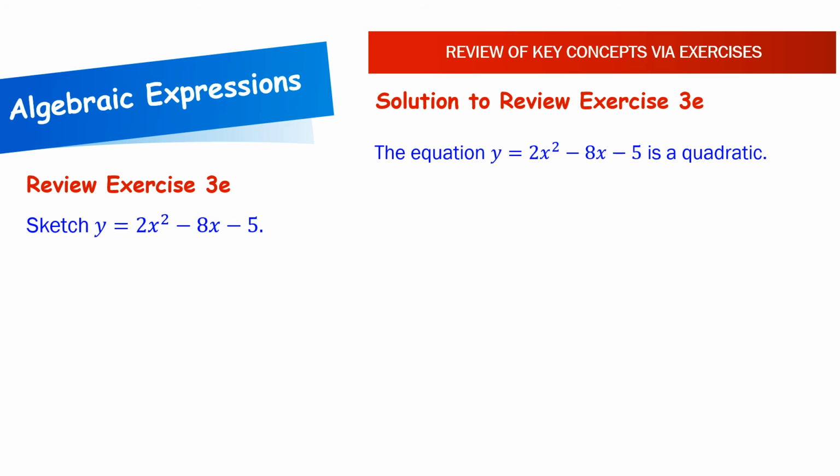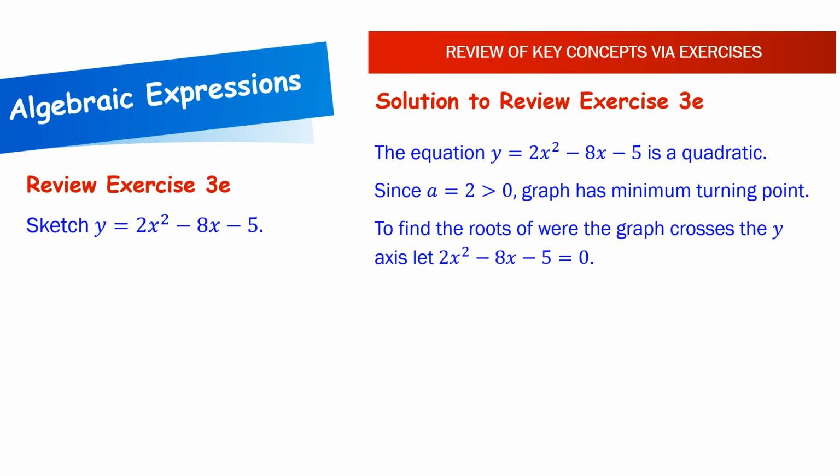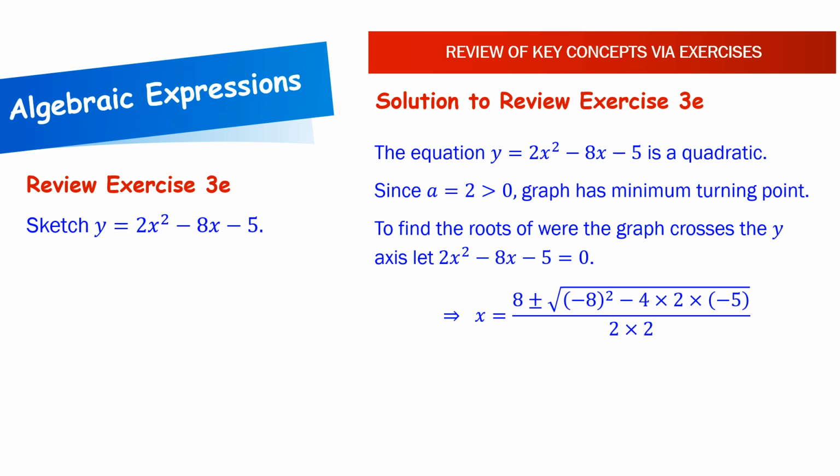The equation y equals 2x squared minus 8x minus 5 is a quadratic again. Now since a is equal to 2 and greater than 0, the graph has a minimum turning point. Now to find the roots, where the graph crosses the x-axis, we let this equation equal 0 and then use the quadratic formula.